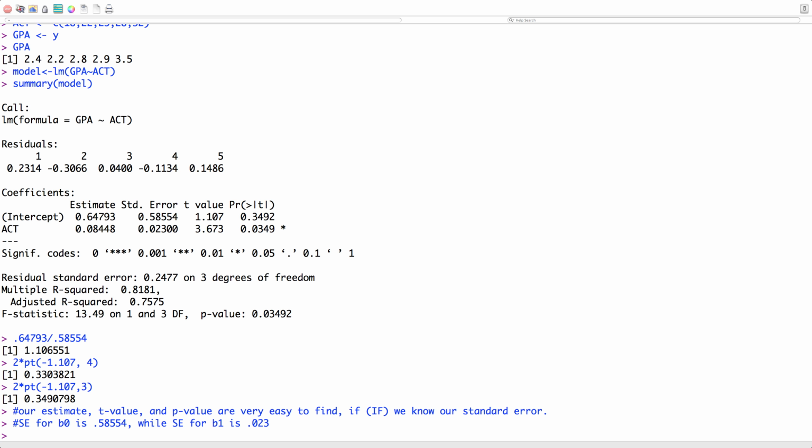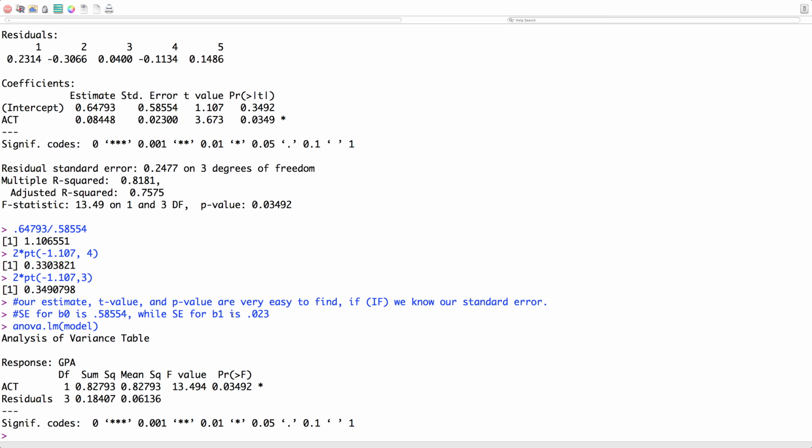The easiest way to find it is to do an ANOVA on the linear model. I think I called it model, right? Yeah. And we can see that the mean square error is 0.06136. So I'm just going to go ahead and say the mean square error is 0.06136. All right?